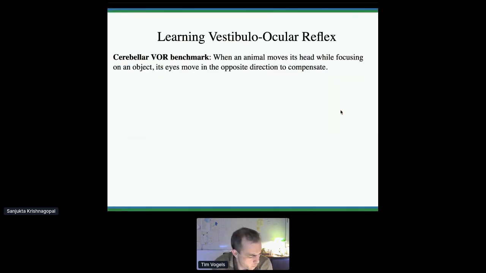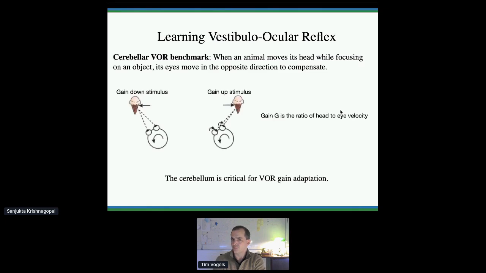Now we want to test this on a benchmark cerebellum task. So the vestibulo-ocular reflex is a very popular benchmark task people use for cerebellum studies. And basically what it is, the animal moves its head while focusing on an object. Its eyes move in the opposite direction. And so you can think of it as focusing on an ice cream.